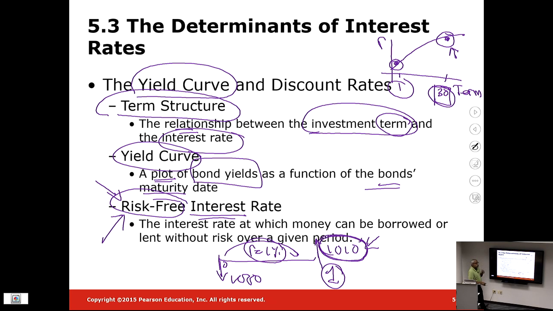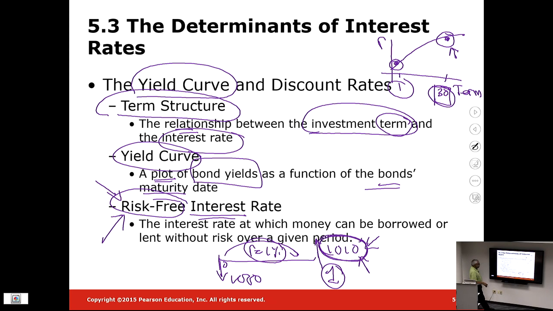But it is not truly risk-free, because while the government can print money and pay you back that 1,010, what you do not know is how much that money will be worth. If inflation goes up during that same period by, let's say, 2%, then in real terms, you have actually received less money than you had started off with, although in nominal terms, you received more money than you started off with.